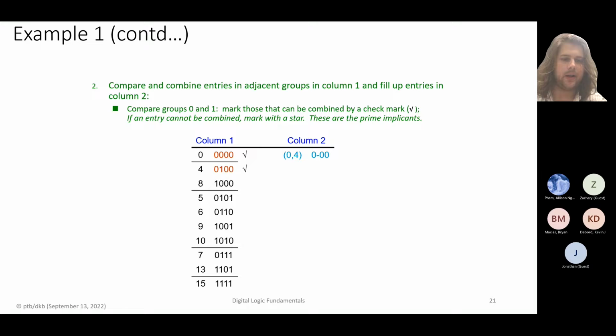So if we're comparing the row with 0 1s to the row with 1 1, the 0 0 0 0 versus the 0 1 0 0, there's 1 bit of difference between the 2, which is happening in the second place. So we realize the difference is there, and we write it in a new column with a dash representing where the difference was.